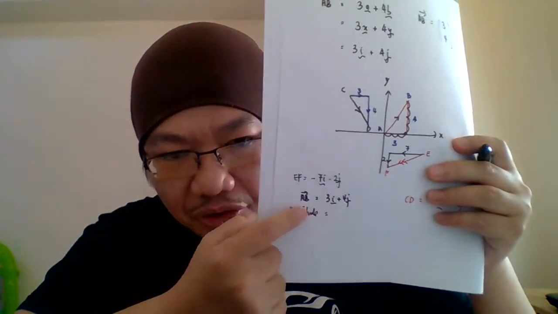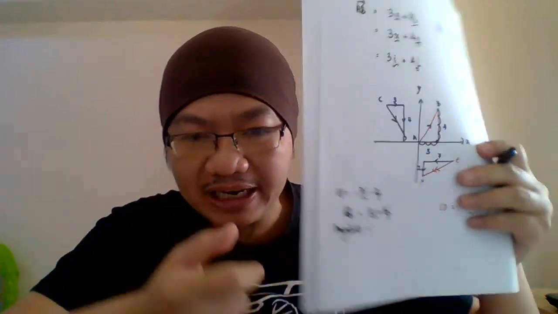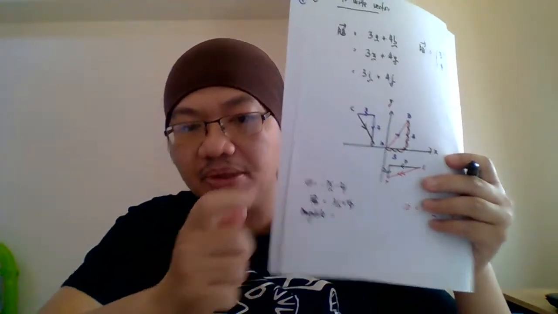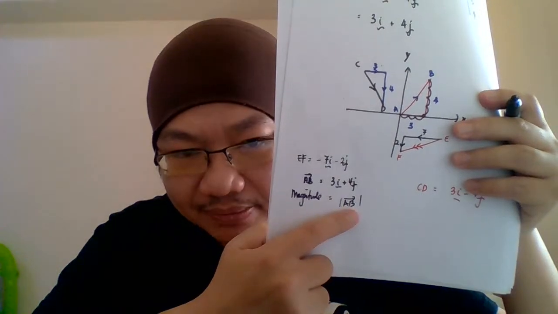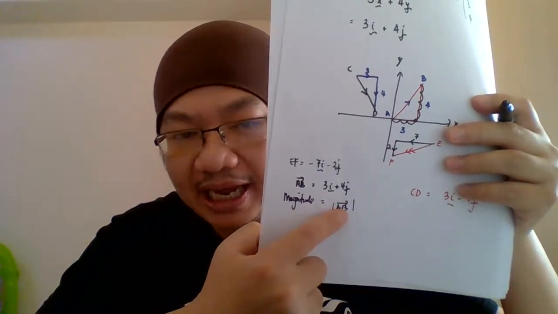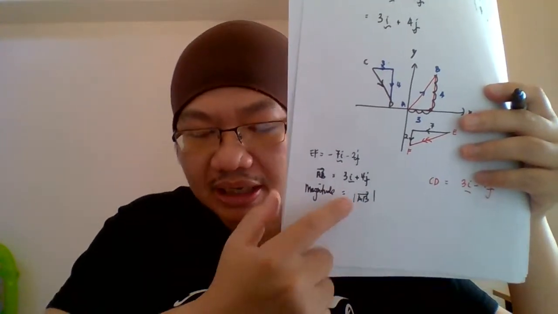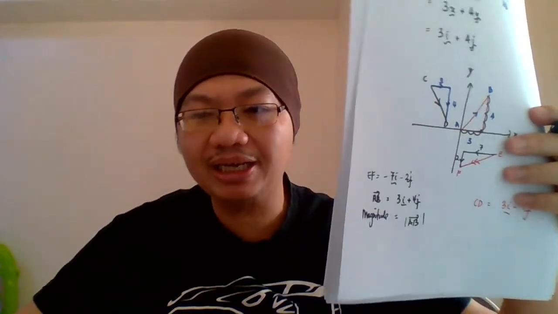How to find the magnitude of AB? To find the magnitude, you must remember the symbol of magnitude is like this. This is the symbol of magnitude of vector AB, the modulus of vector AB.